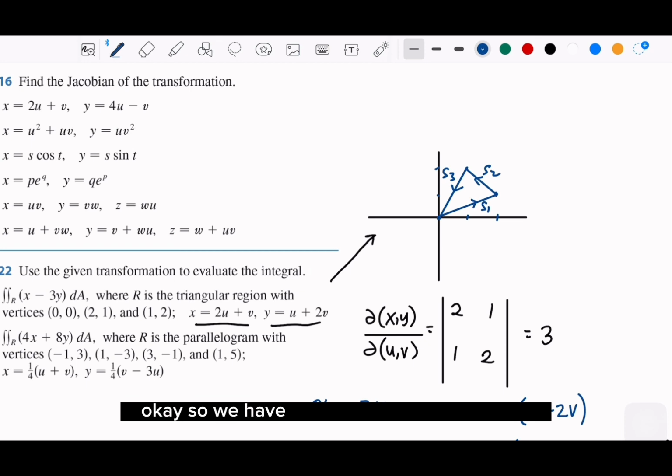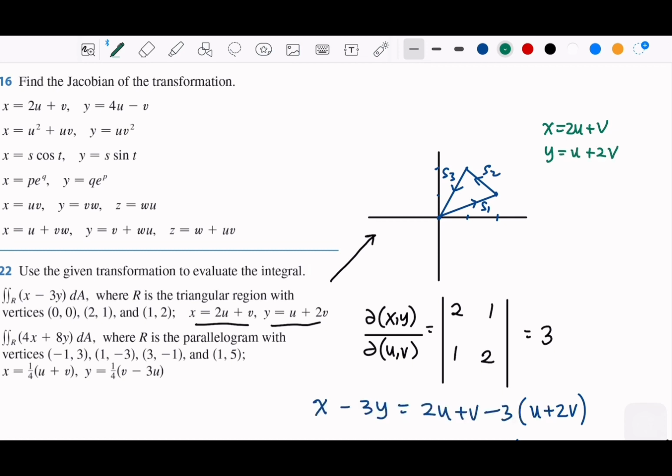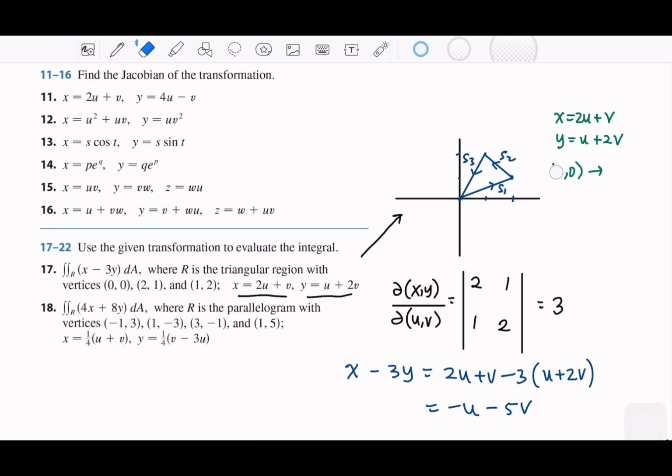Okay, so we have now x is 2u plus v, y is u plus 2v, and then we take 0, 0. Let me check.